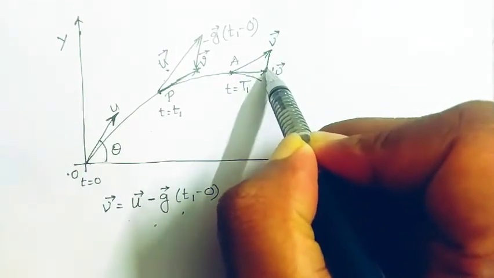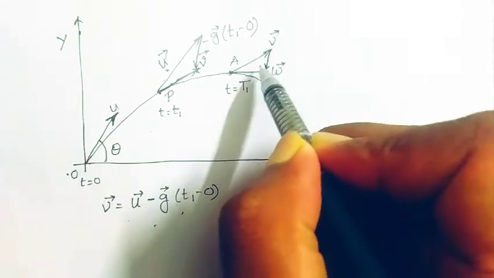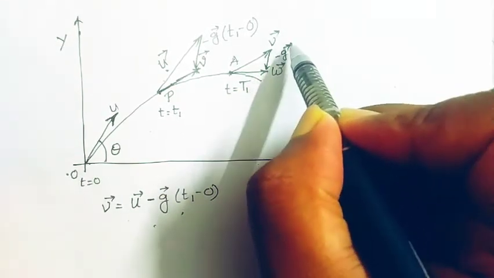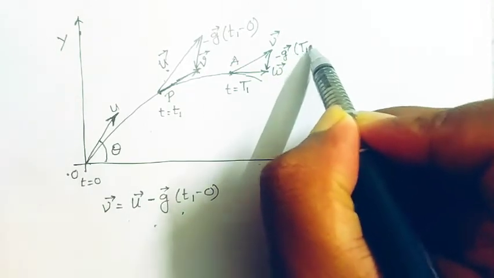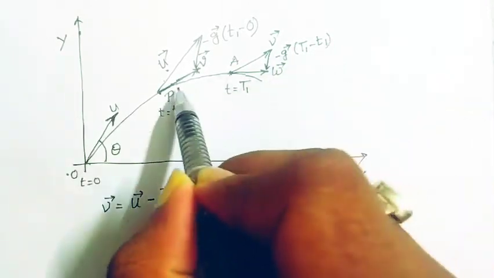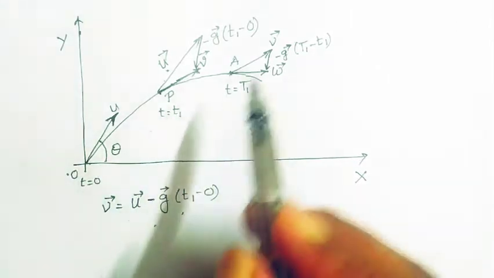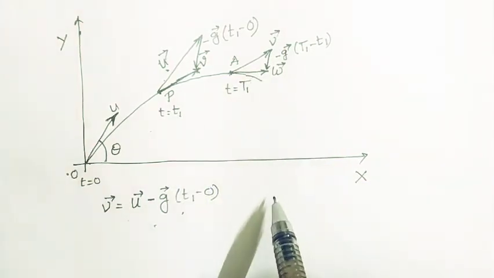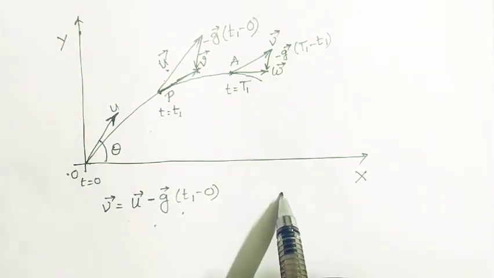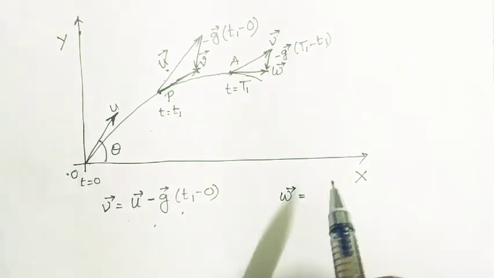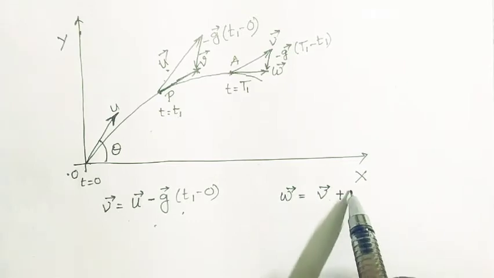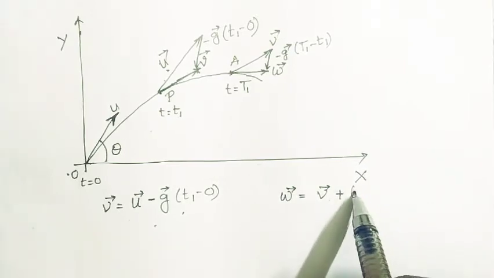So what does this vector give? I again write these things: minus g vector, capital T1 minus small t1, the time difference between t1 and T1 multiplied by the acceleration due to gravity. So for this point, if I want to write, then w vector is equal to v vector plus, or we can say minus, whatever it be.